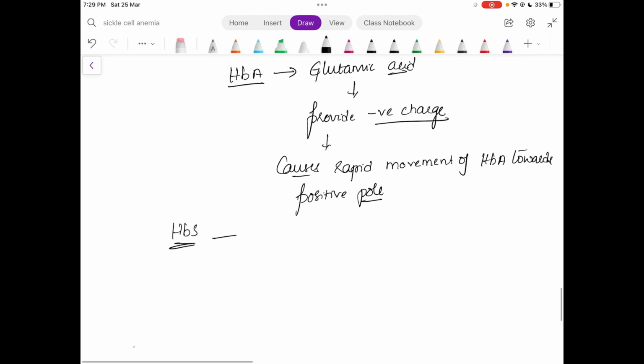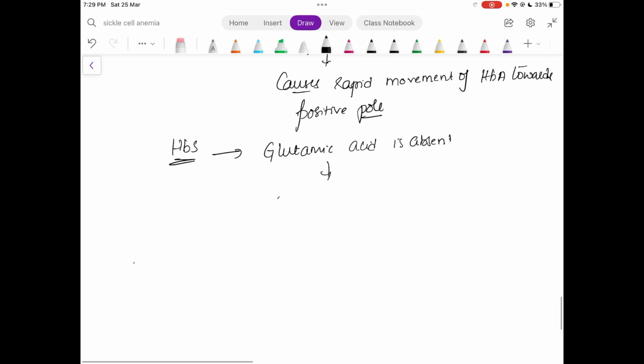What happens in sickle cell disease? In HbS, glutamic acid is absent. That means there is less negative charge.